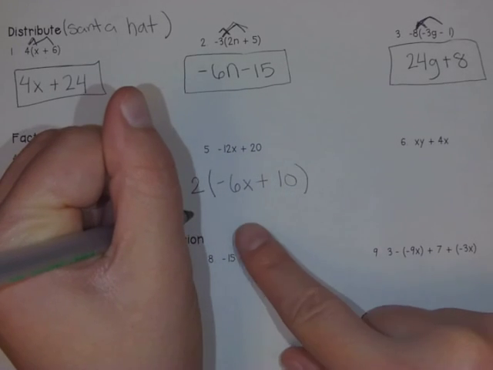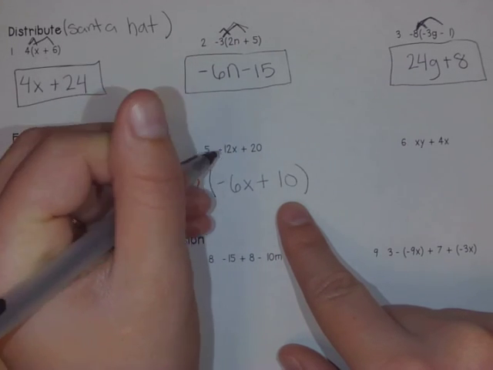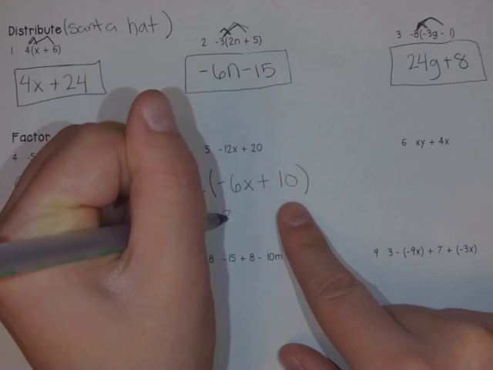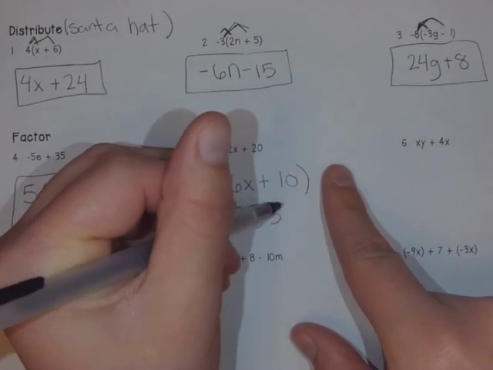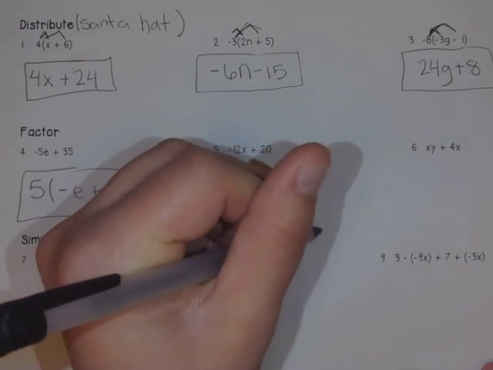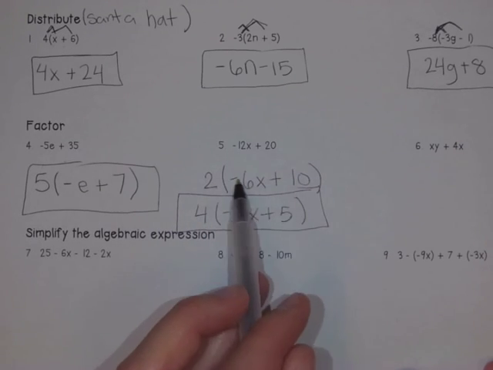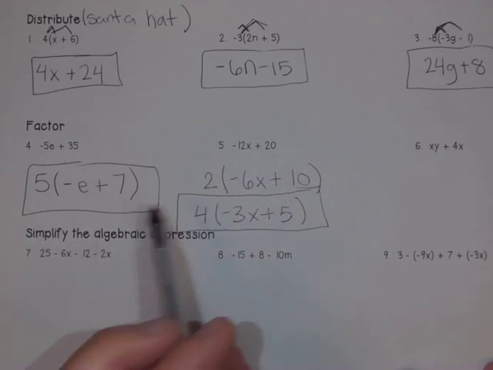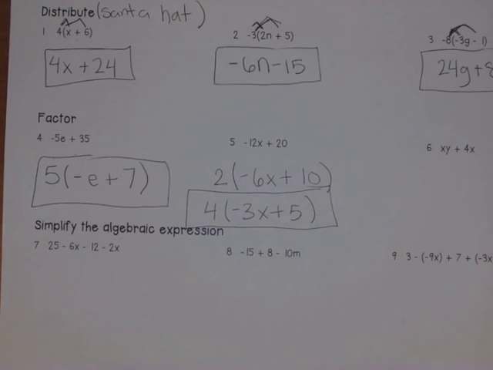So let's try a 4. 4 goes into 12 -3 times. 4 goes into 20 5 times. And both those numbers are prime. So that works. Do you see how I tried it one way and I realized, hey, that doesn't work? Because 6 and 10, you can take another 2 out. So you got 4.